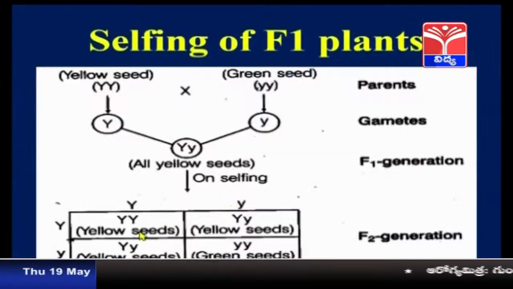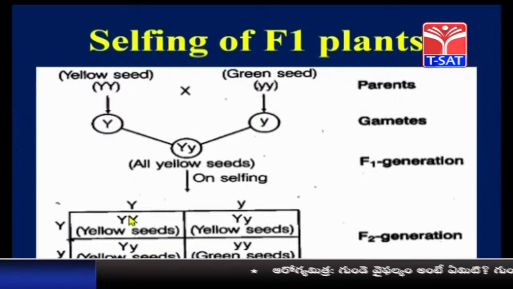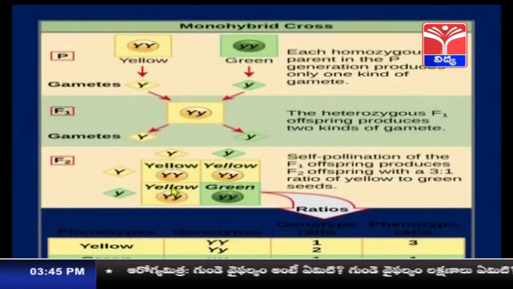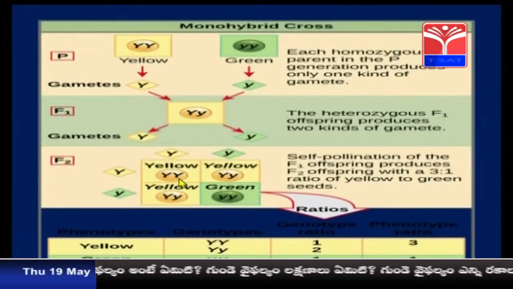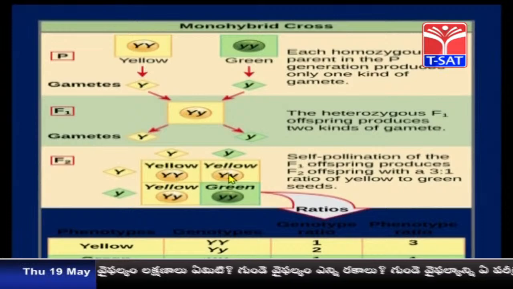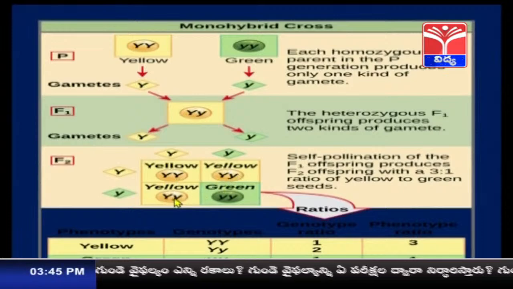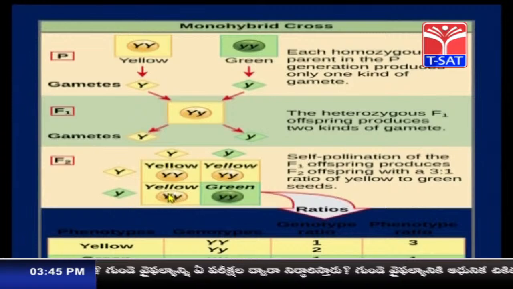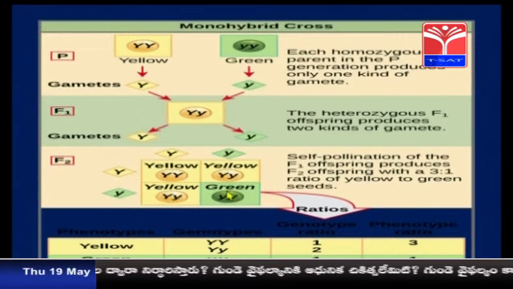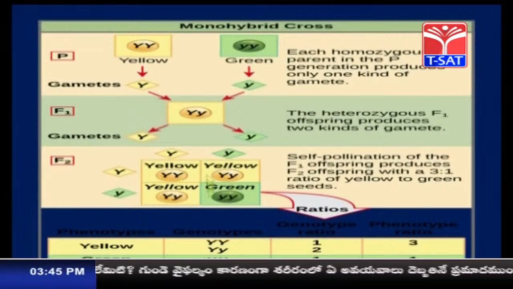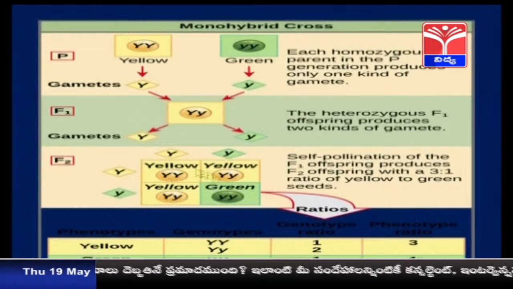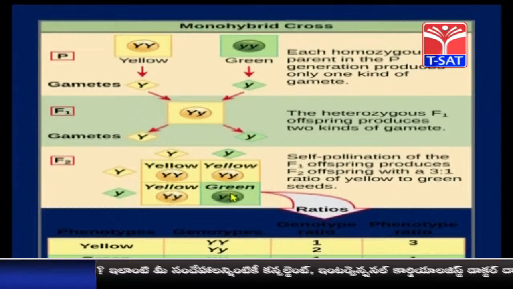See here, yellow seed, capital Y. In the same way, yellow, capital Y. This is again capital Y, small y; wherever capital Y is there, that is dominant, and this small y is green color. So, we got 3 yellow and 1 green. On selfing of this, we got 3:1.